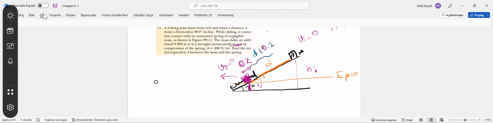Okay, I did everything. Now I can write again, same thing. Potential energy plus kinetic energy at the initial state, potential energy at final. Be careful, there is also another potential energy.